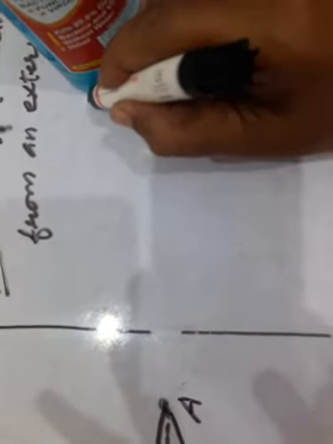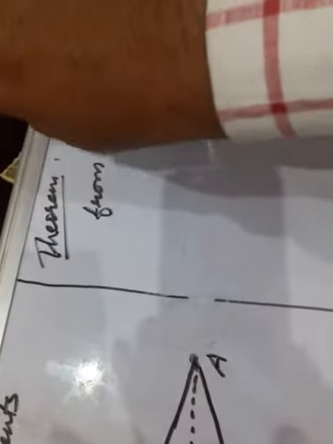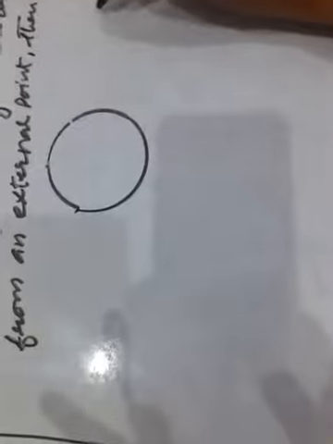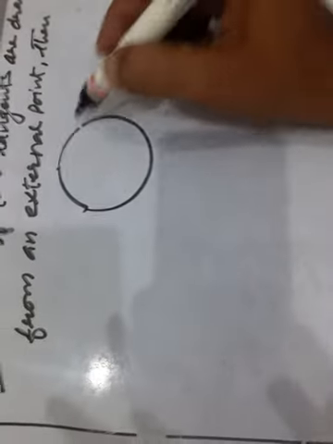See, children, what is the situation? If two tangents are drawn from an external point, then what happens? Let us see. This is the tangent. The external point is A, the same figure I am drawing.